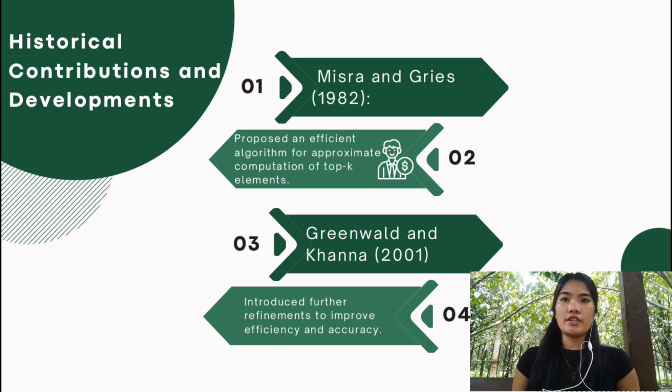In conclusion, for the historical contributions and developments, these historical advancements have spurred continuous improvements, leading to more sophisticated algorithms and data structures tailored to various challenges in the top K elements problem.